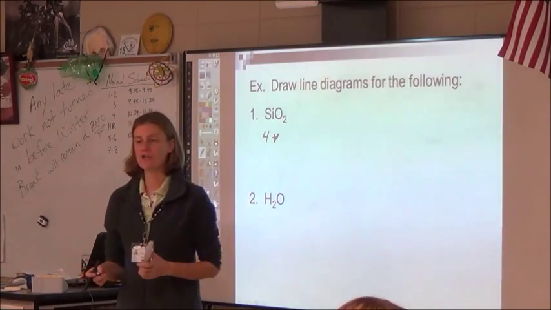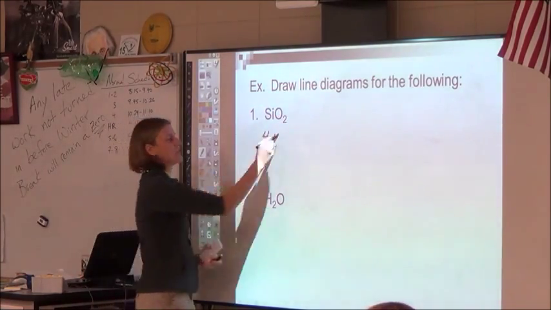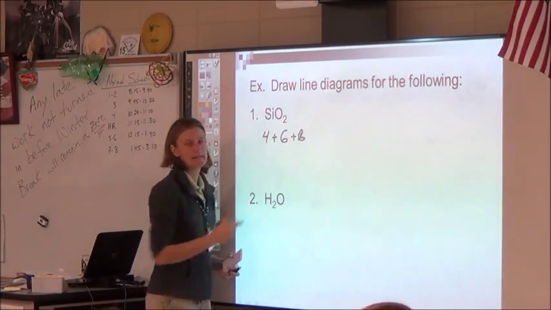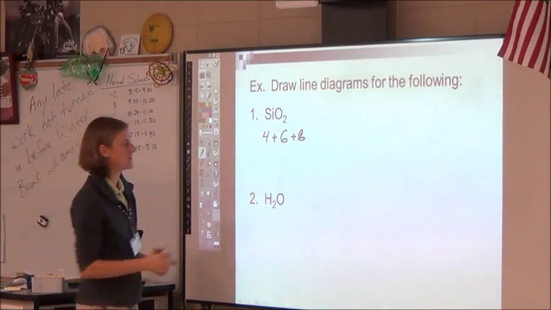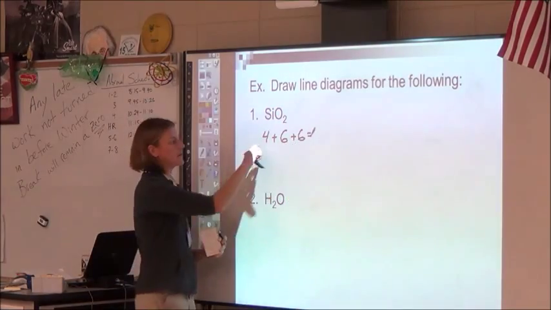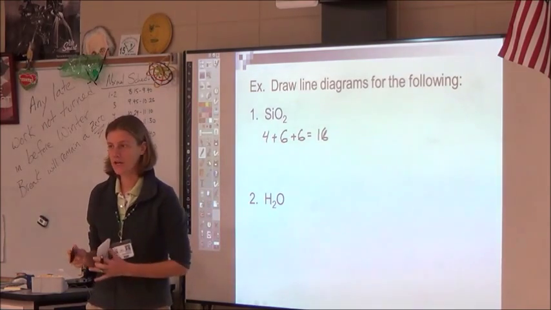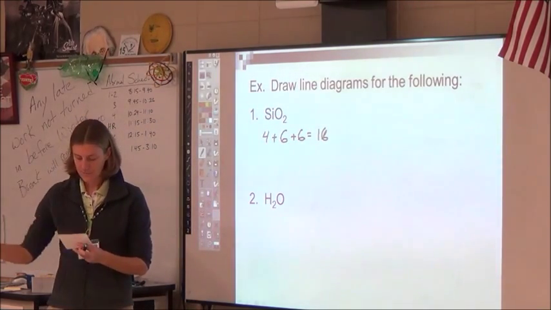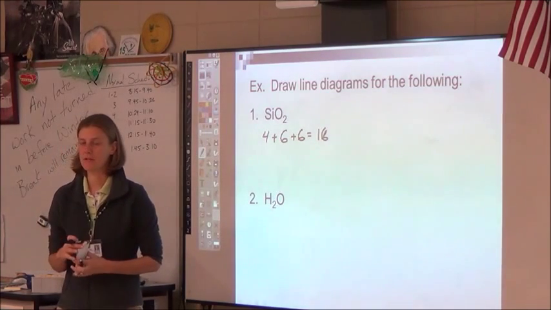How many oxygens are in the formula? 2. So you've got to add in 6 twice. Does that make sense? You have 2 oxygens. They each have 6 valence electrons. We get 16. So that's 16 dots, 16 valence electrons. But, Sahil, how many pairs of electrons would that be?